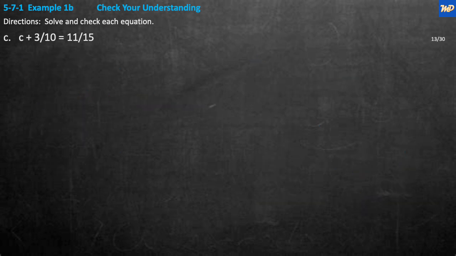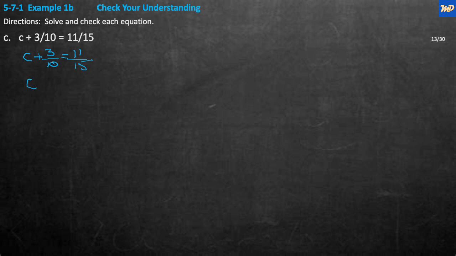Okay, for example 1b, which is our final question in this check your understanding, we're going to do the same as before. So now we have c right here. c plus 3/10 is equal to 11/15. They want us to find c. So we're going to get c by itself, leave it on the left-hand side. We're going to move the 3/10 to the other side.